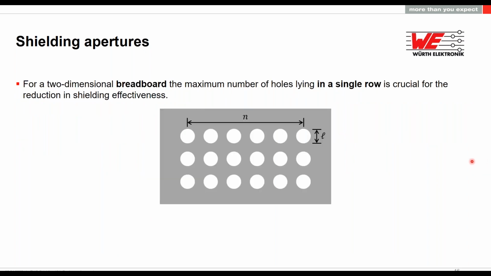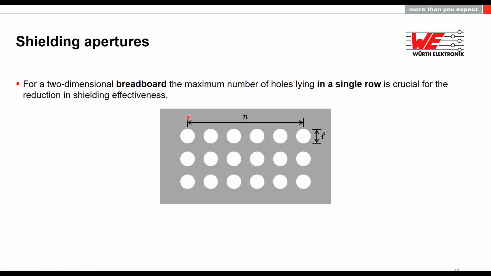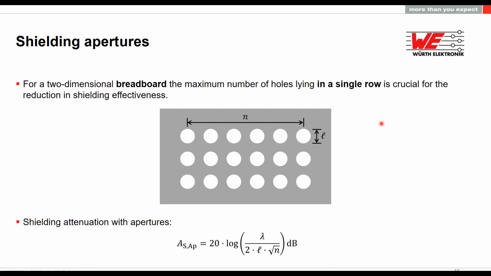When we have a matrix of holes, like for example for ventilation, which is really common, we are also worsening the attenuation. There is a way of calculating how we are diminishing the shielding effectiveness of our enclosure.